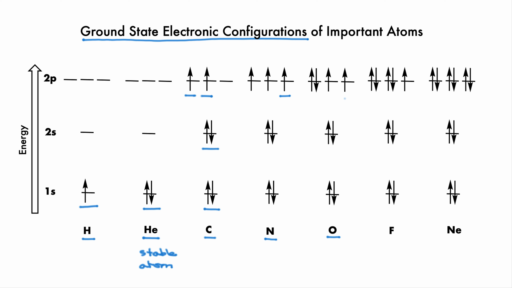Oxygen, with one more electron, has to put that electron into a partially filled p orbital. Fluorine has yet one more electron, which goes into another partially filled orbital. Finally, neon has a complete octet in the second shell and is stable as the atom. It does not want to bond with other atoms.